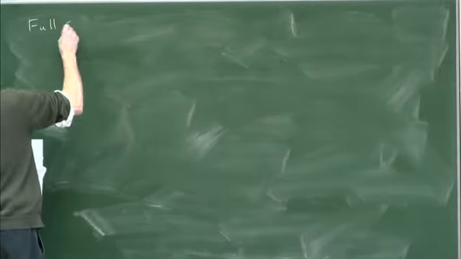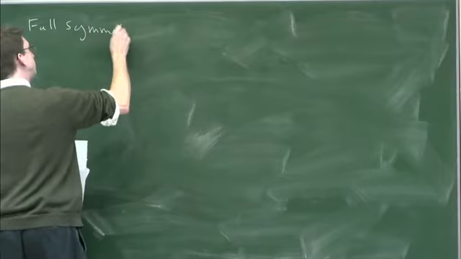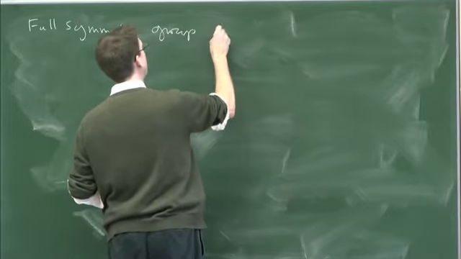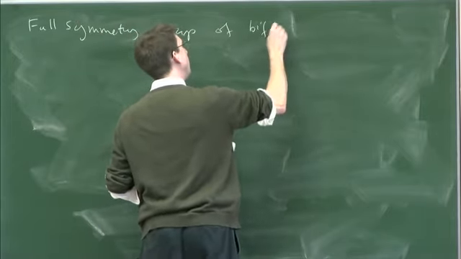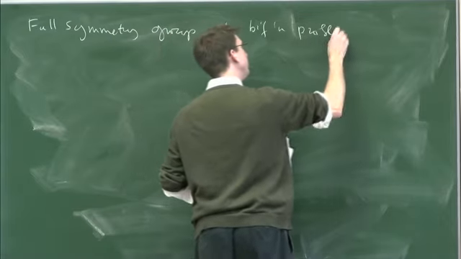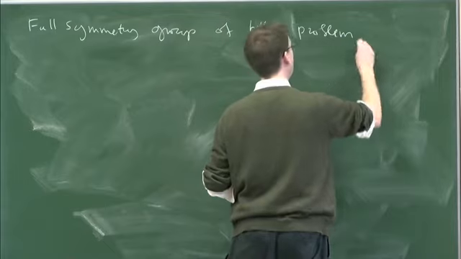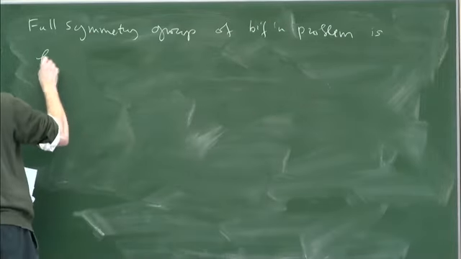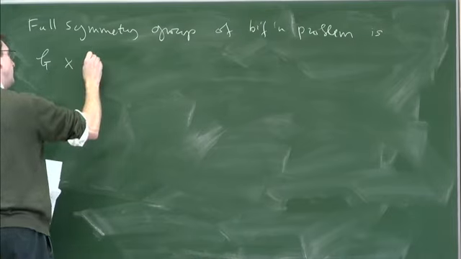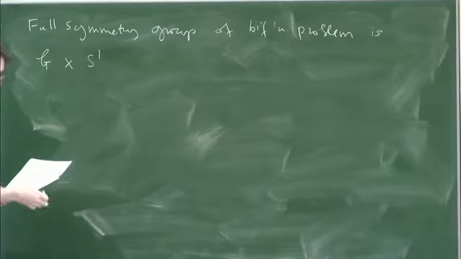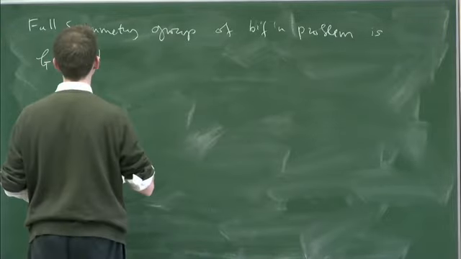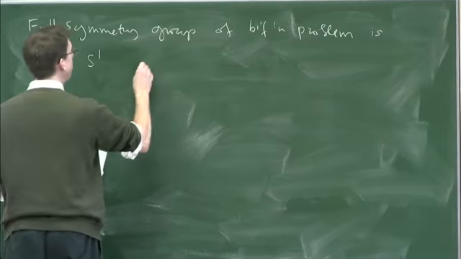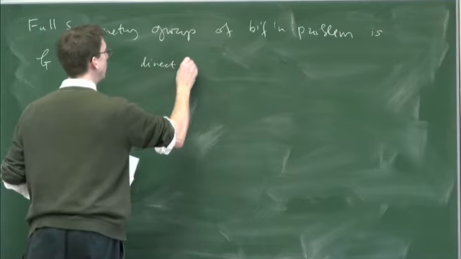So in fact, a full symmetry group of this bifurcation problem is our group G that we first thought of, but then there are also these phase shift solutions. Okay. So I get a circle of phase shifts. This is a direct product.